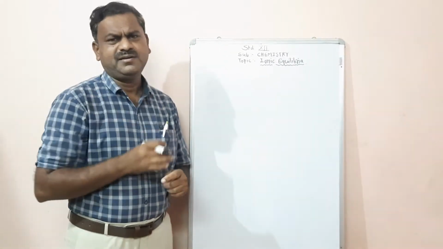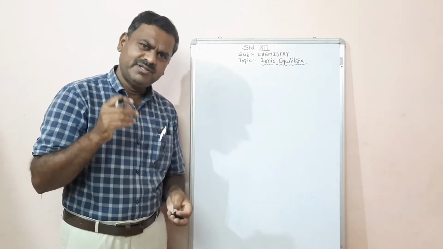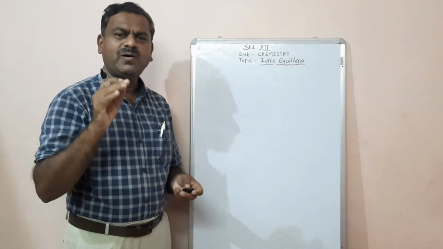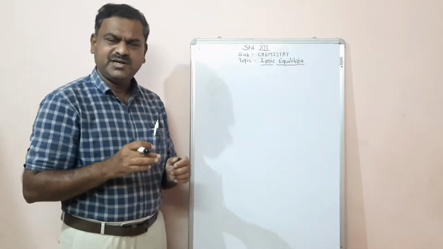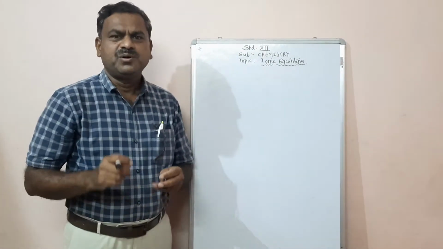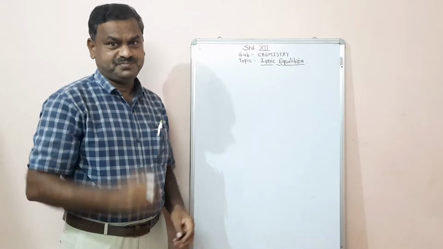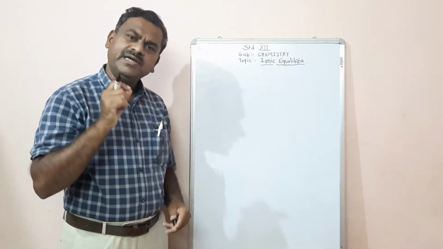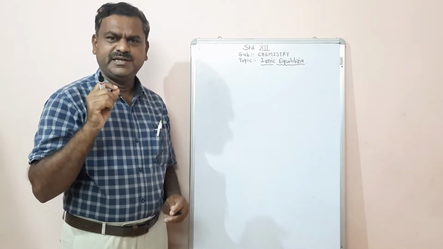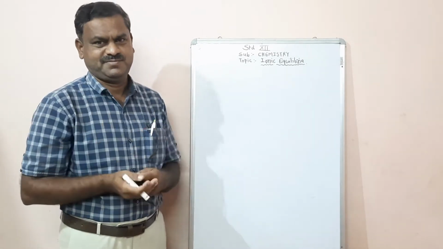And you know that ions are charged particles, whether negative or positive. Equilibria is the plural of equilibrium. And you know, equilibrium is the state of perfect balance.